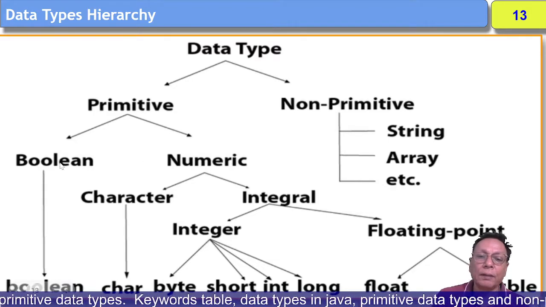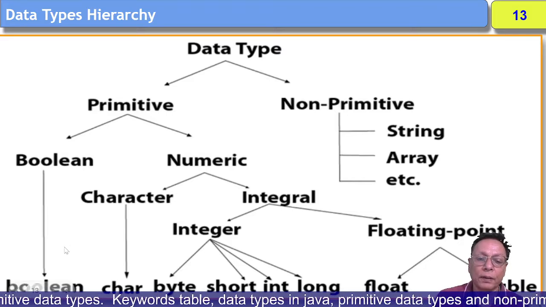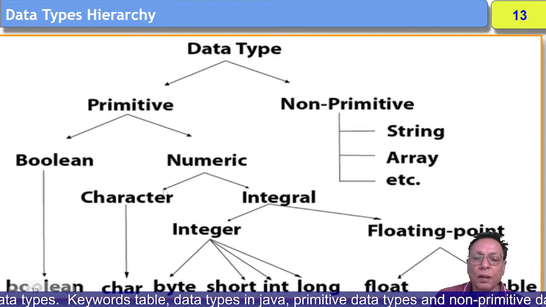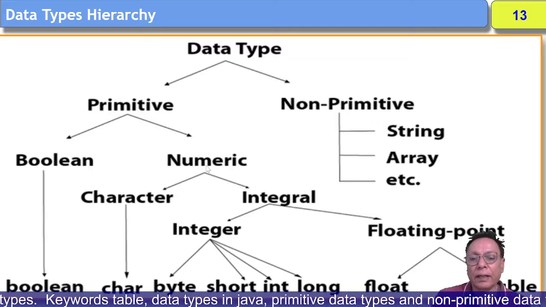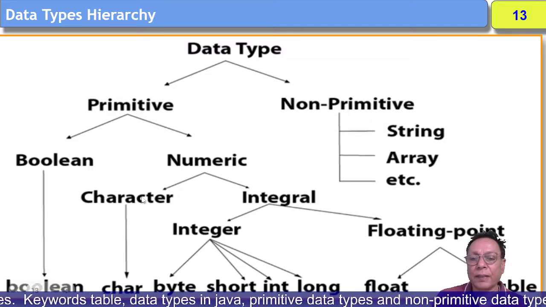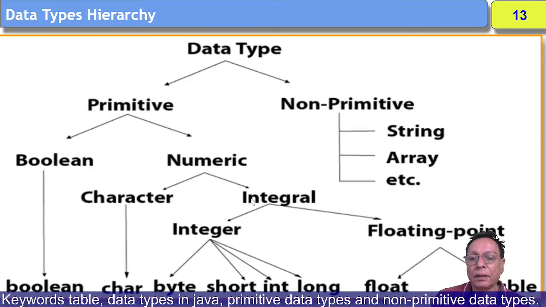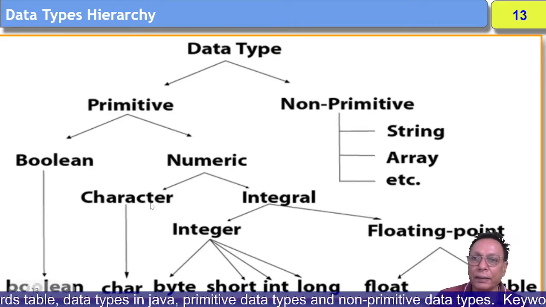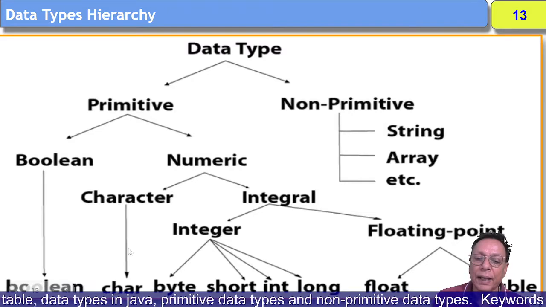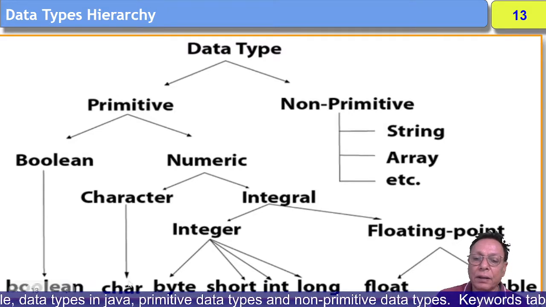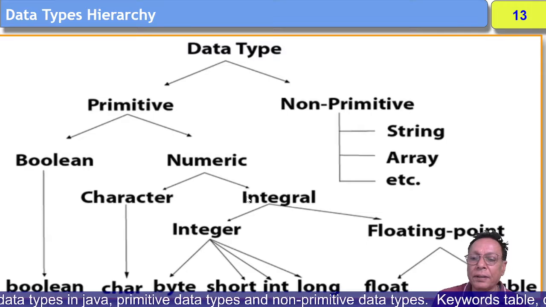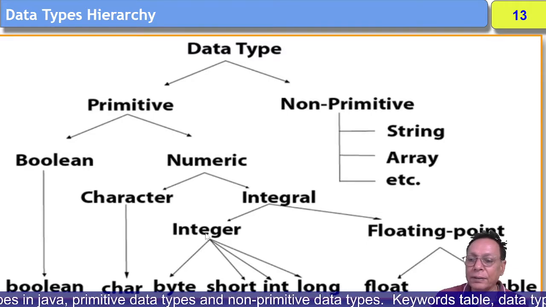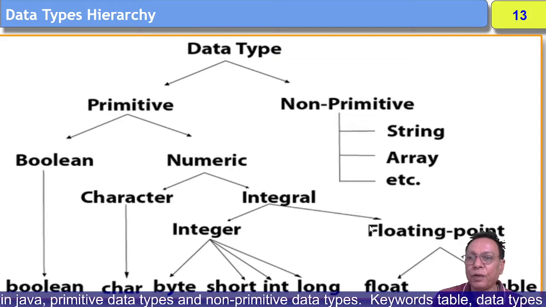In the Boolean data type, the type is boolean, where b is in small. When you consider numeric, it is divided into two parts, character and integral. So the character data type can be declared using the char keyword, whereas the integral data type is further divided into two parts. Number one, integers, and number two, floating points.